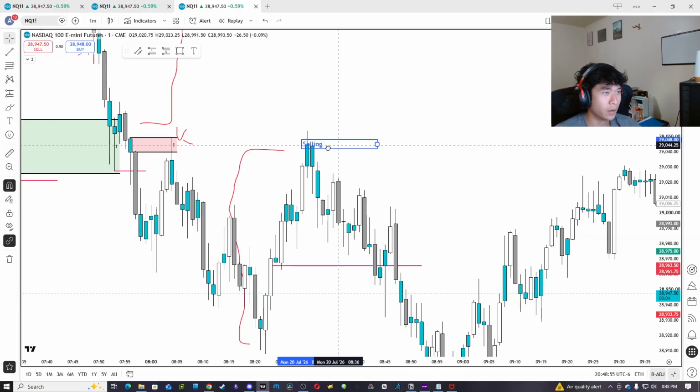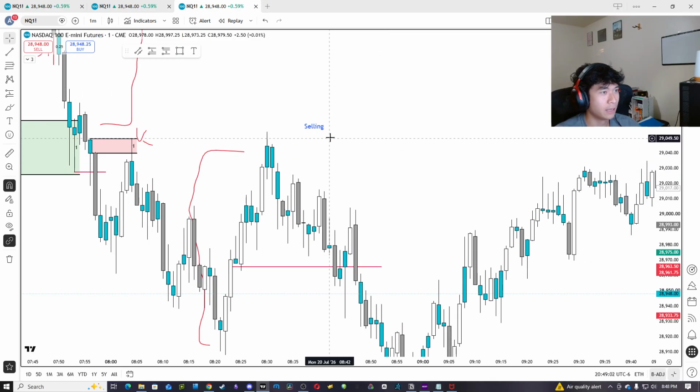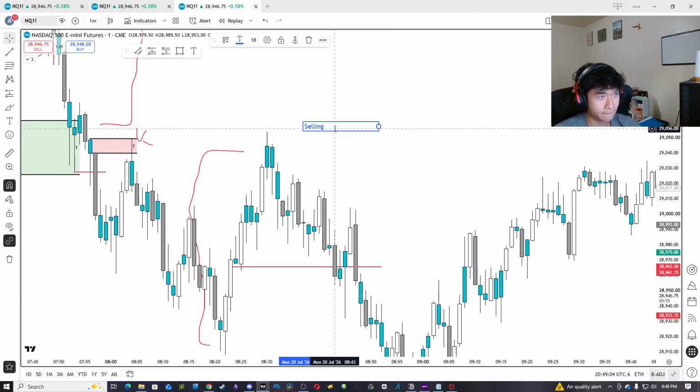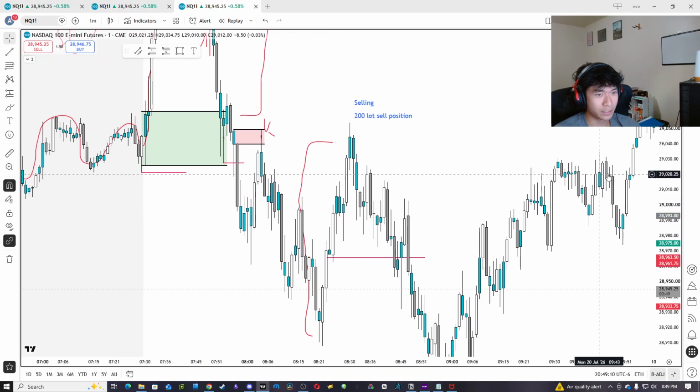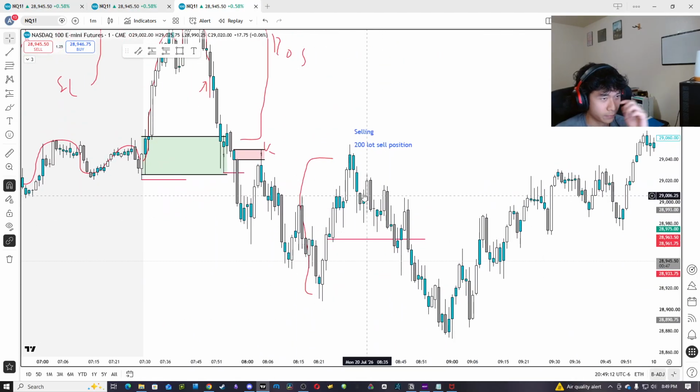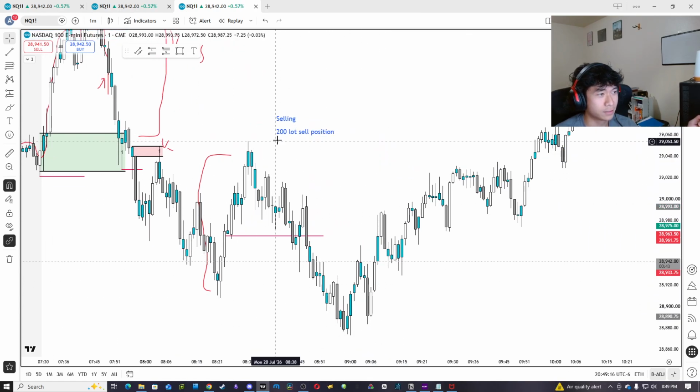He's selling all his orders to these buyers up on this leg here. Now he has a 200 lot sell position, price is ultimately going to go down, and now he gets to take profit with his sell position.